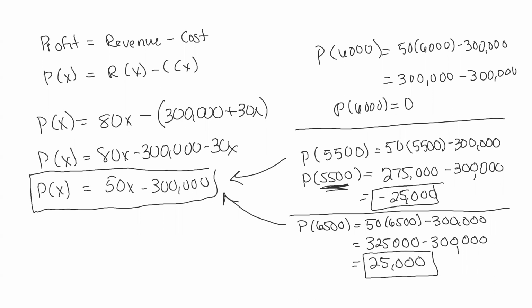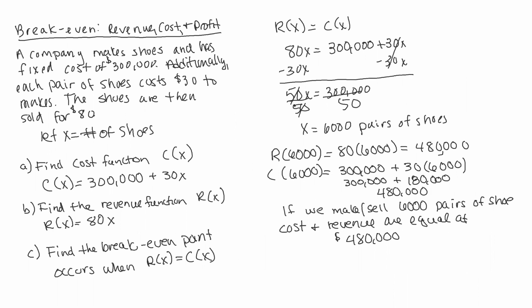Okay, so hopefully this kind of shows a little bit about how profit, cost, and revenue are related and how important that break-even point is. So if you run a company, you're producing something, you need to know what your costs are. You need to know what your revenue is. And most importantly, you need to know what your break-even point is, because your break-even point helps you figure out what your target needs to be.